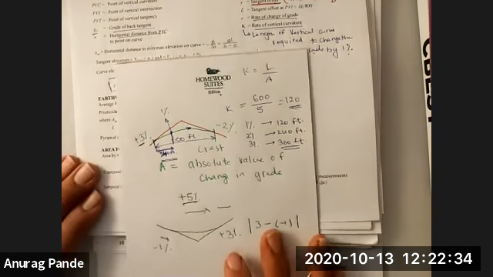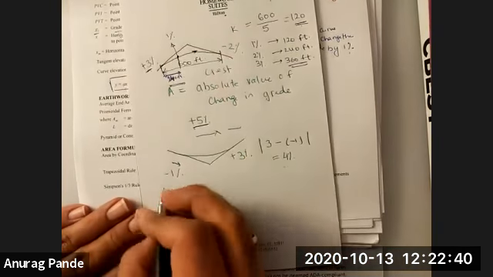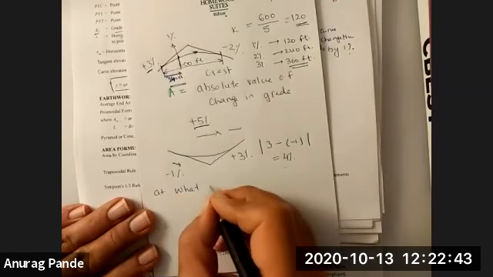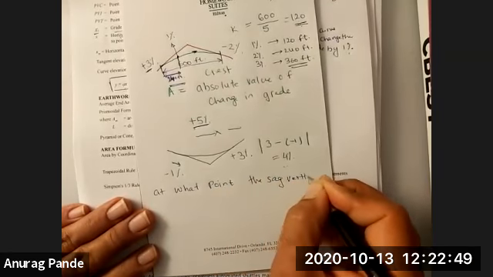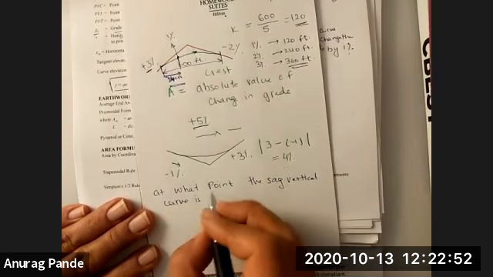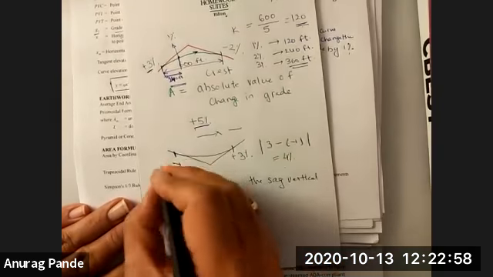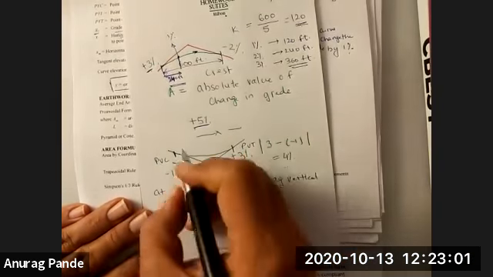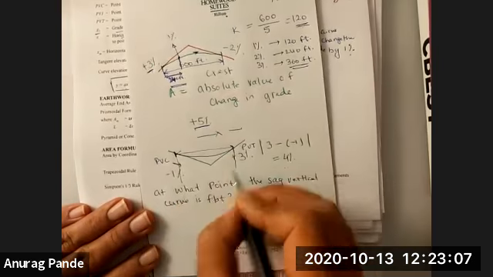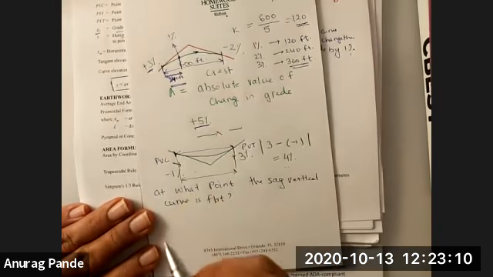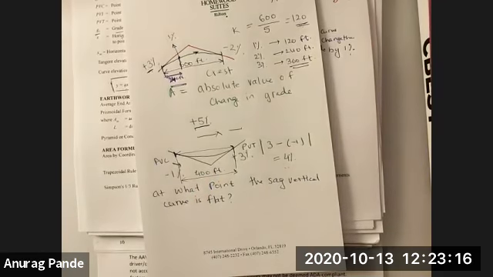Now let's do the same quick example. I'm going to try to solve the problem: at what point is the sag vertical curve flat? Obviously, this is PVC, this is PVT, and let's say the length of the curve, if you project it on the horizontal plane, is 400 feet.